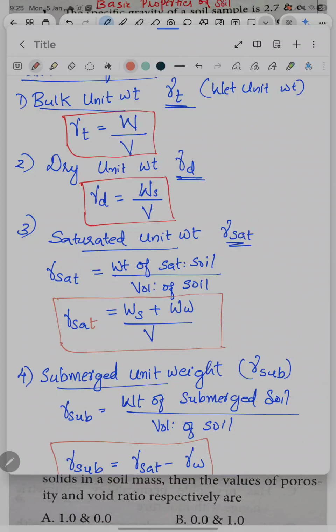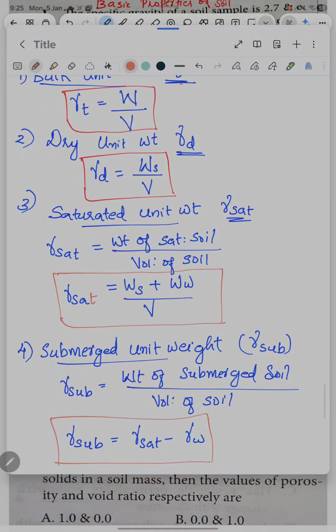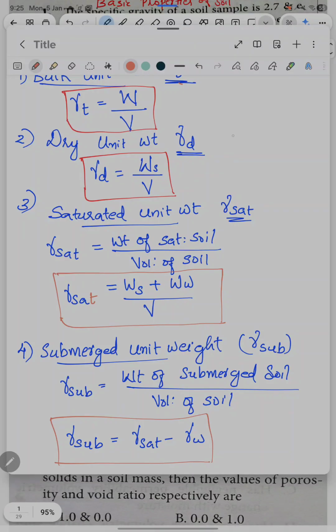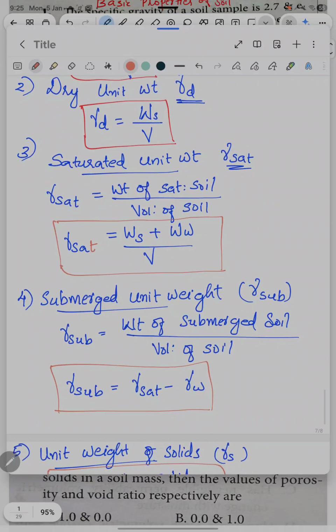It is denoted by gamma T: total weight of soil divided by total volume. Next is dry unit weight, gamma D, that is WS divided by total volume, since there is no water content. Then saturated unit weight, denoted by gamma sat, is the ratio of weight of saturated soil divided by volume of soil.